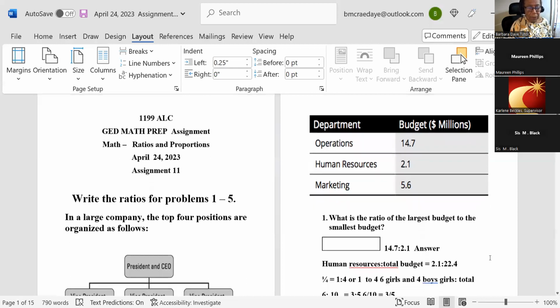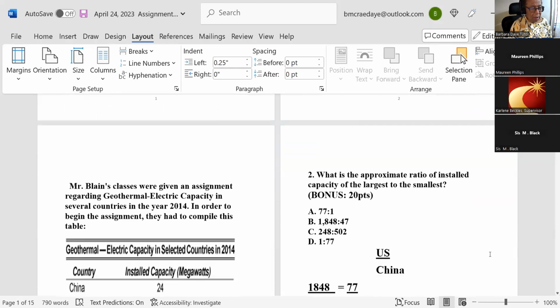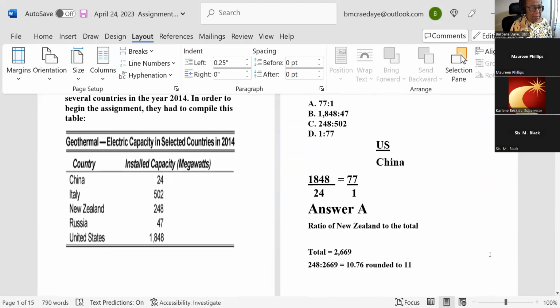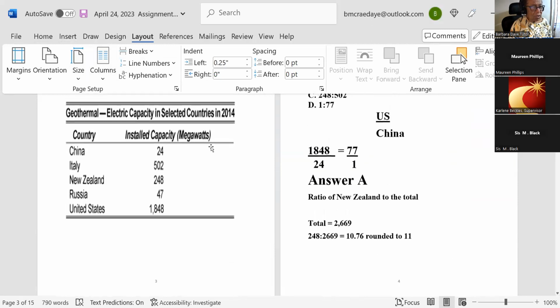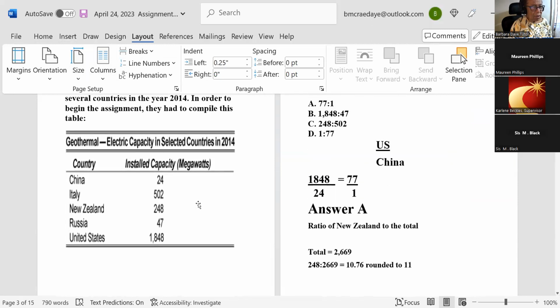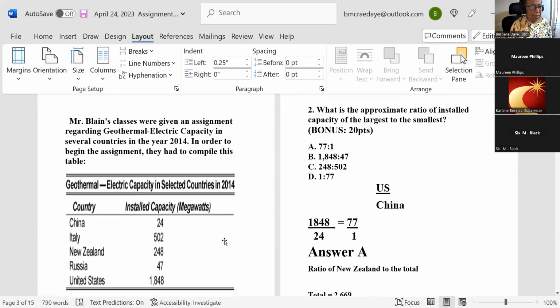Okay. And then the other one with the capacity, I don't think you got that one right. That was number 2: the ratio of the capacity of the largest to the smallest. Here again, you have the table. The largest is the US, 1848. The smallest is China, 24.